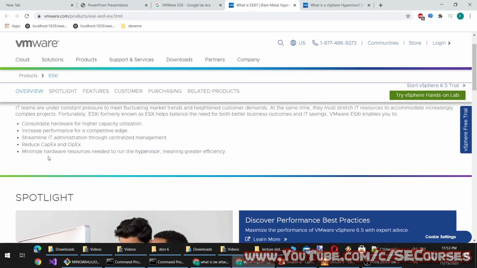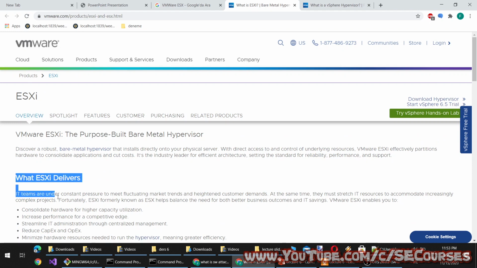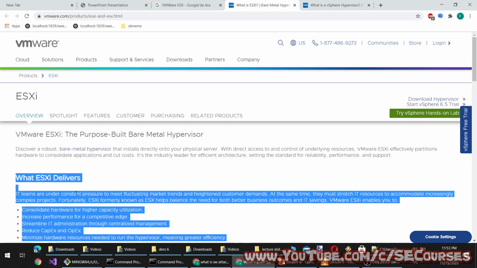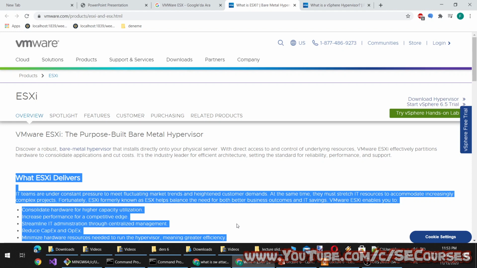Okay, so what ESXi delivers: IT teams are under constant pressure to meet fluctuating market trends and heightened customer demands. At the same time, they must stretch IT resources to accommodate increasingly complex projects.